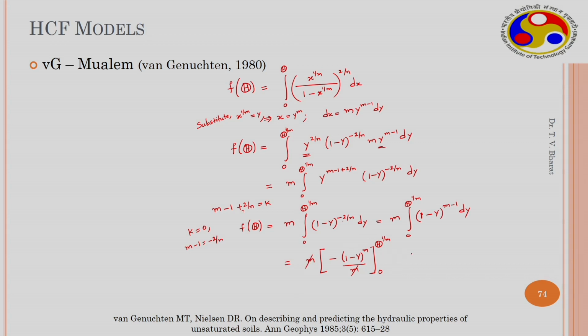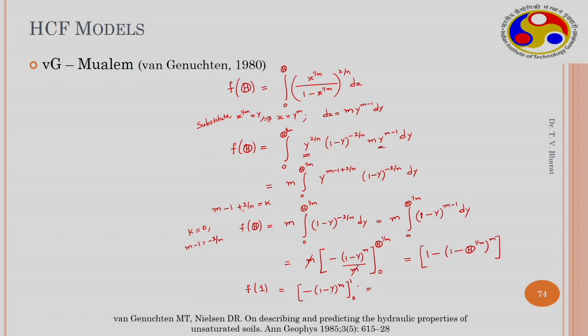So, m gets cancelled, and when you apply the limits, this is 1 minus capital Theta power 1 by m, power m. So, this is f of capital Theta. f of 1 is equal to minus of 1 minus y power m from 0 to 1.